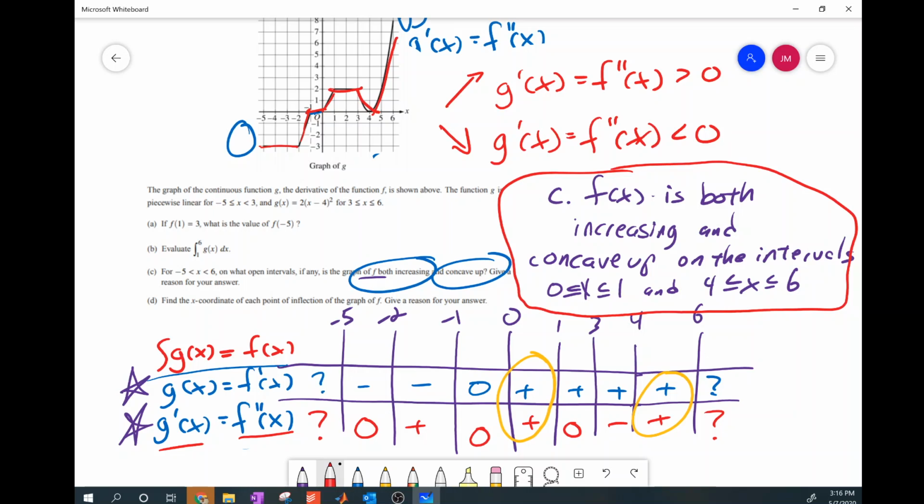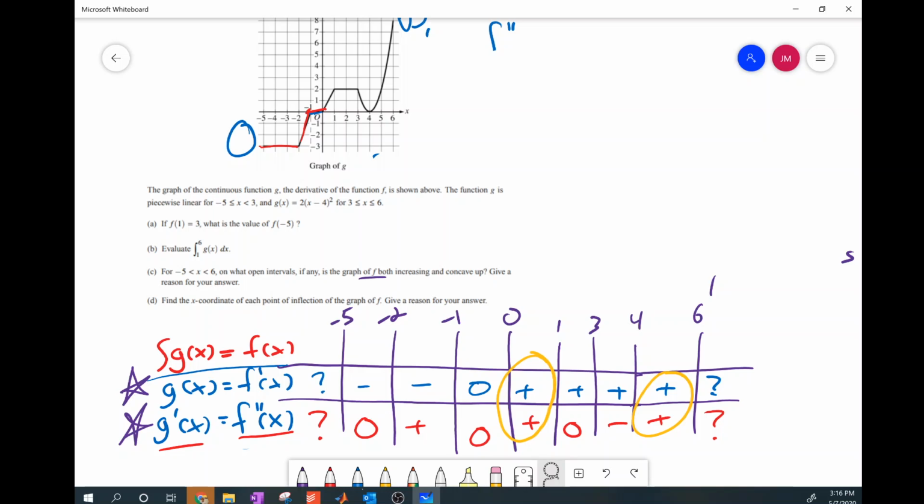All right, now let's take a look at question D. Before I erase, I'm going to read what it says to see if this work will help me answer the next question. Find the x-coordinate of each point of inflection of the graph of f. Point of inflections have to deal with our domain check, so we don't have to delete anything. All of our work's actually been done. We just have to do our analysis.